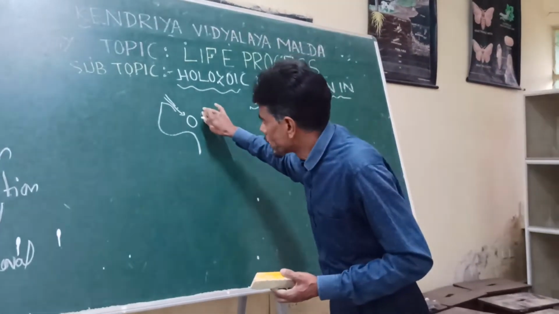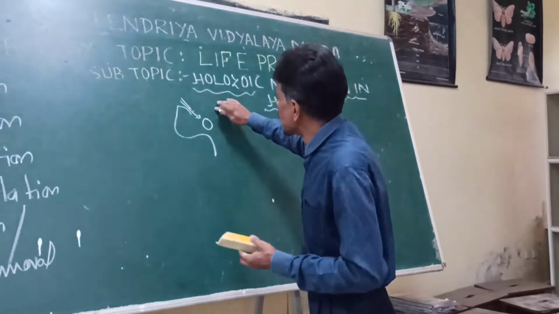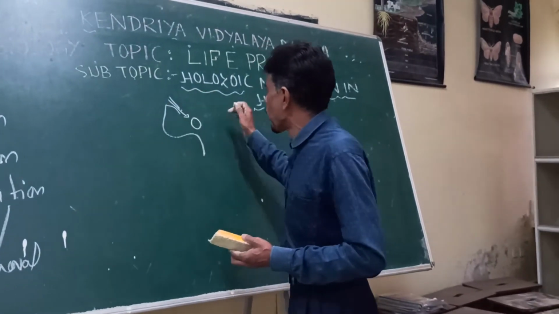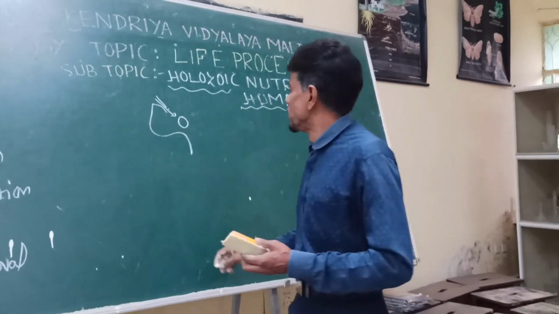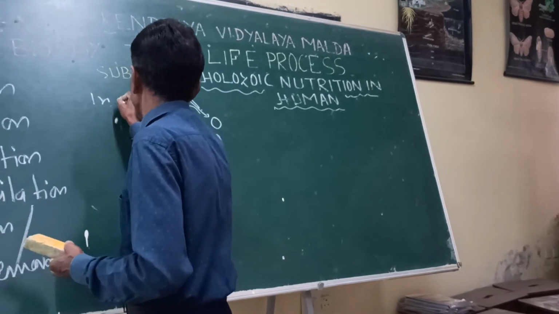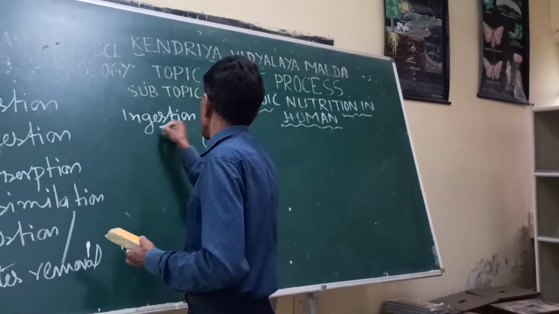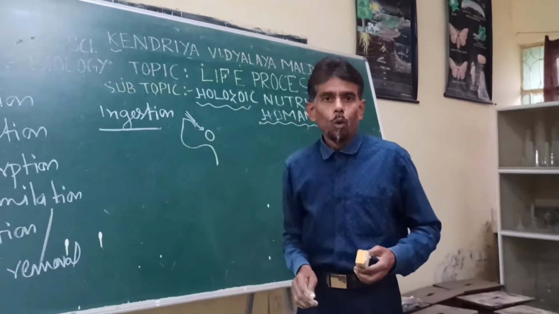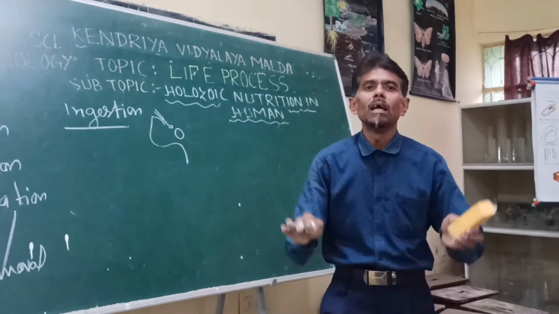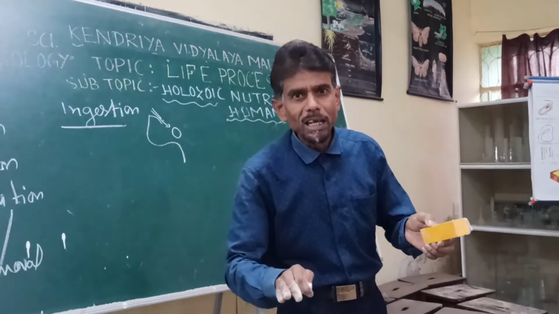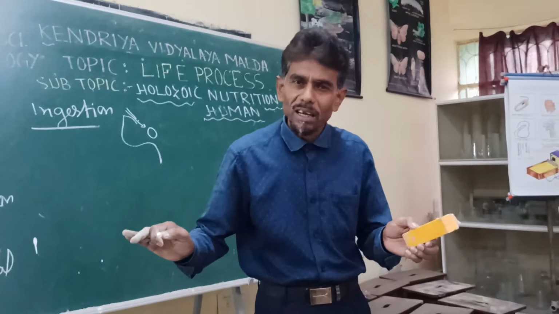This step of taking food within the mouth cavity or the buccal cavity, we call ingestion. Once the food is put inside the buccal cavity, the process of ingestion is completed.